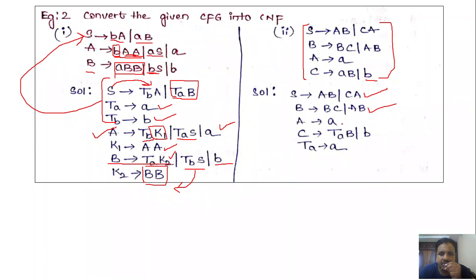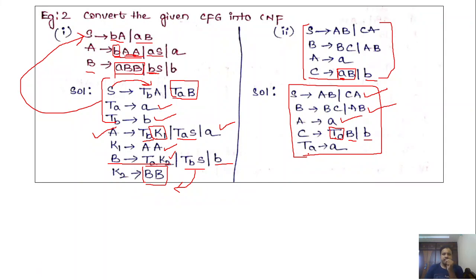Next, A denotes small a, it is in CNF. Next, C denotes small a, capital B, it is not in CNF, right? So how do we write? Capital C denotes, replace this terminal a with variable TA. So C denotes TA B or small b, that is in CNF. Next, what is this TA? TA denotes small a. So this is the way in which we can convert the given CFG into CNF.